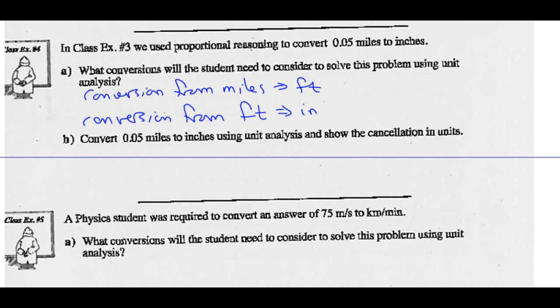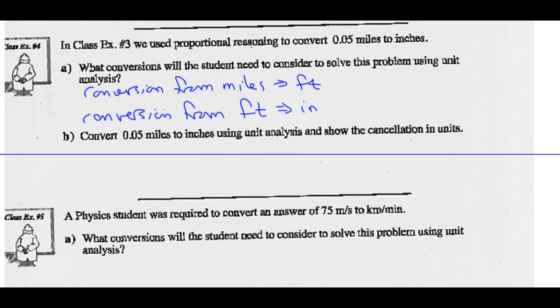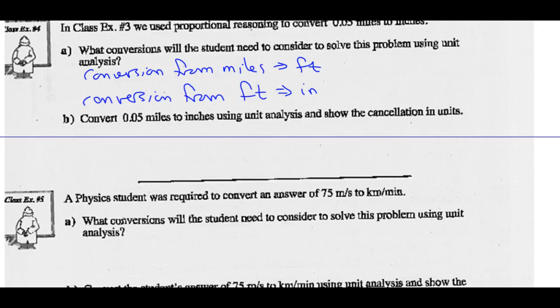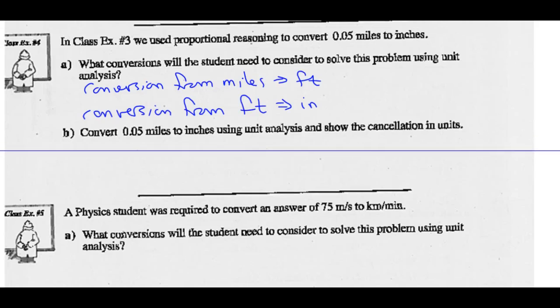So if you know those two conversions, we can use unit analysis. So we start with what we're given. We're given a measurement of 0.05 miles. Put that over 1.